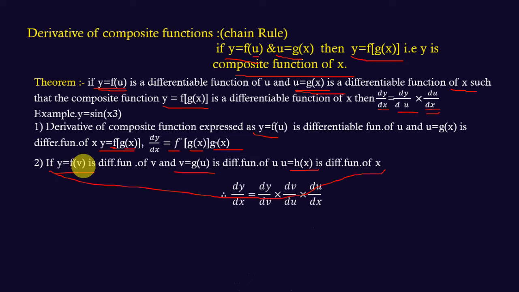First we differentiate y with respect to v, dy by dv, and then v is a function of u, so we differentiate v with respect to u, and u is a function of x, so we differentiate u with respect to x. That is, we get dy by dv into dv by du into du by dx.